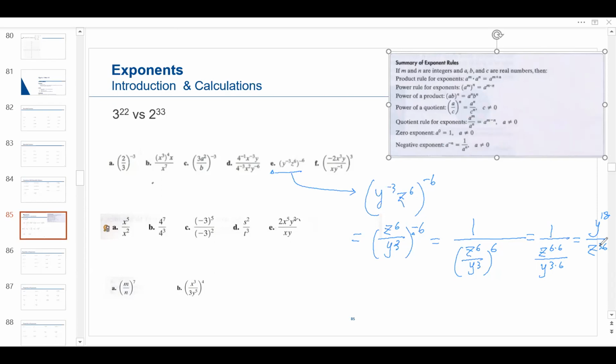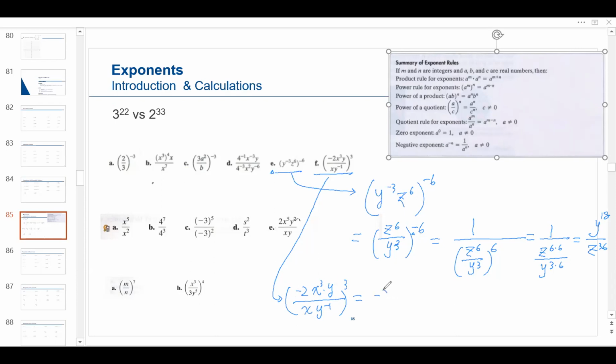All right. Let's see this one. Let me rewrite it one more time. Negative 2 x power 3 and y, x y negative 1 power 3. We do not consider the power 3 first. We just simplify the base part inside first.